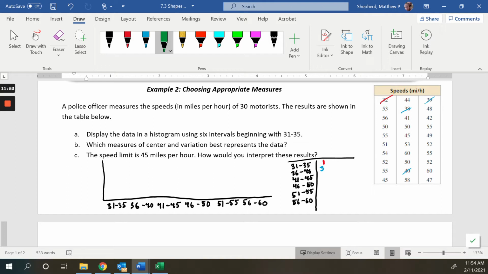All right, so 41 through 45. A 45, a 44, a 41, a 45, 42. So 1, 2, 3, 4, 5. All right, and give me a second and I'll finish this up.